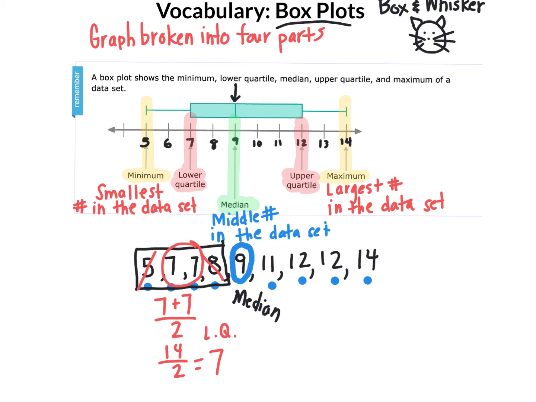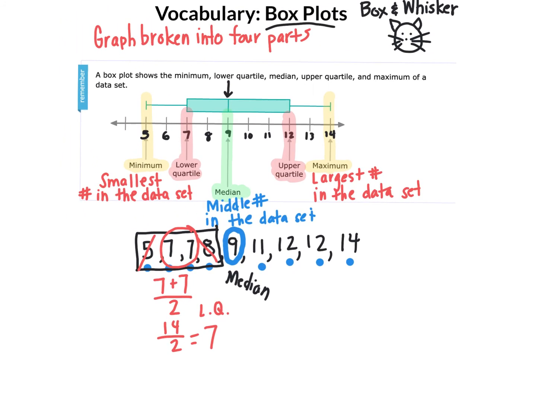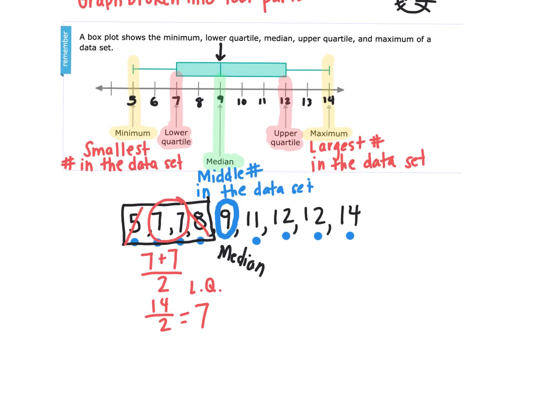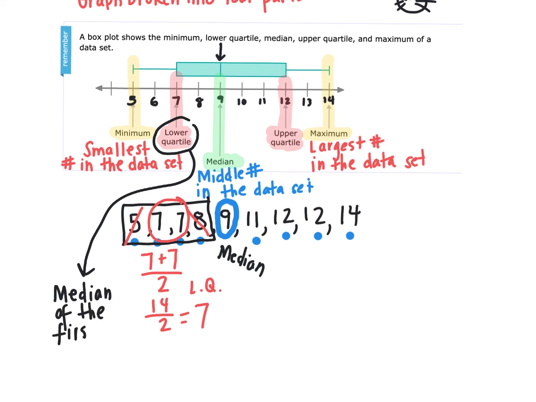Okay, so let's write a definition for lower quartile. Lower quartile is, and I'm gonna put it underneath instead of putting it here. I'm gonna draw a little arrow. Put it here. Lower quartile is the median of the first half of the data. Okay, so it's the first half of the data.